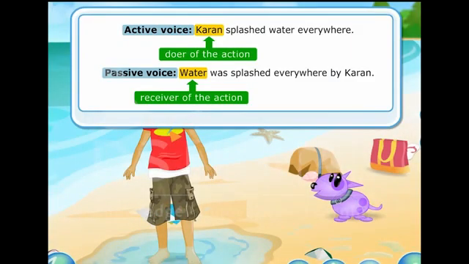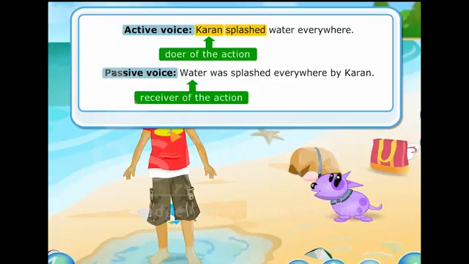So, if we have a sentence describing an action, how do we know whether the first thing in the sentence is the doer of the action or the receiver of the action? Well, we simply need to look at the verb in the sentence. The verb in the active voice always changes in the passive voice.